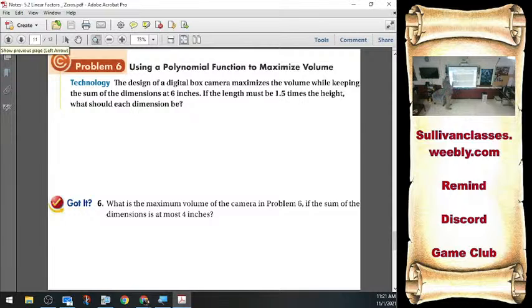And it says it maximizes the volume while keeping the dimensions. Okay, as soon as I hear that, I'm going to put volume is length times width times height, because I know that's how volume works. It also says that the sum of the dimensions is 6 inches. What can I write now?